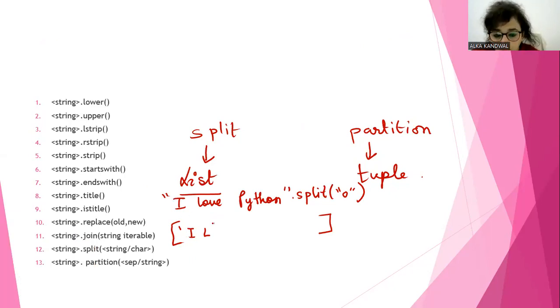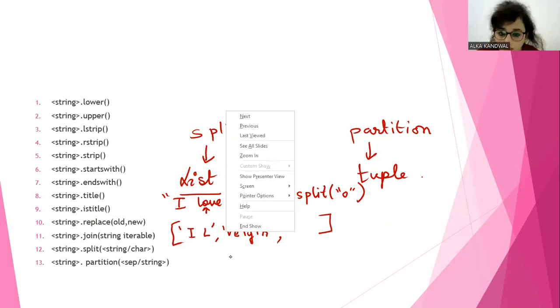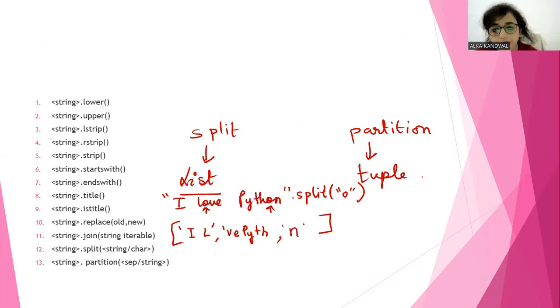I L break, एंड देन यहाँ पे ओ आया ना हमारा, अब हमारा वो हट जाएगा, फिर हमारा दूसरा VEPYTH, फिर से ओ आया, देन दिस स्प्लिट्स, एंड देन वी विल बी हैविंग हियर N. आर यू अंडरस्टैंडिंग? N मतलब with the occurrence of that particular thing, with the occurrence, this is N.